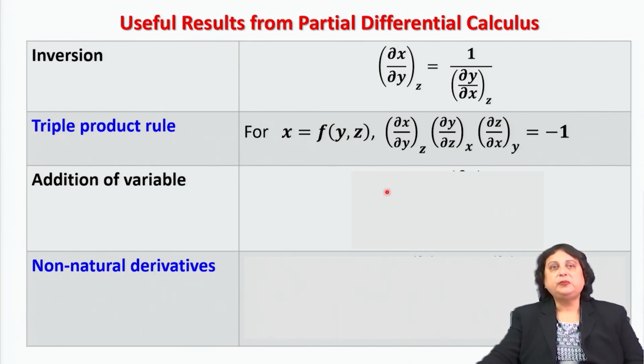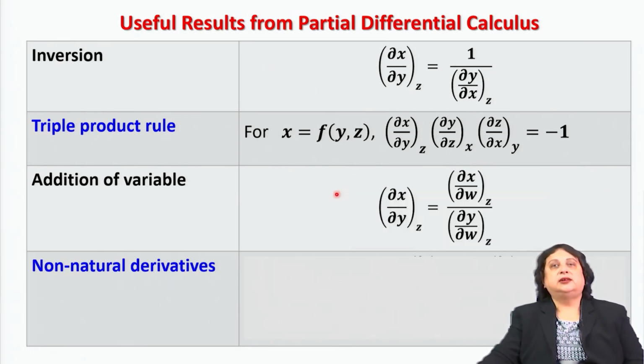Now, although this is most commonly encountered in thermodynamics, there are other properties from partial differential calculus which turn out to be extremely useful when I am dealing with non-natural derivatives of thermodynamic functions. For instance, there may be a situation where I am trying to evaluate the partial derivative del x del y keeping z constant, but I do not know x directly in terms of y.